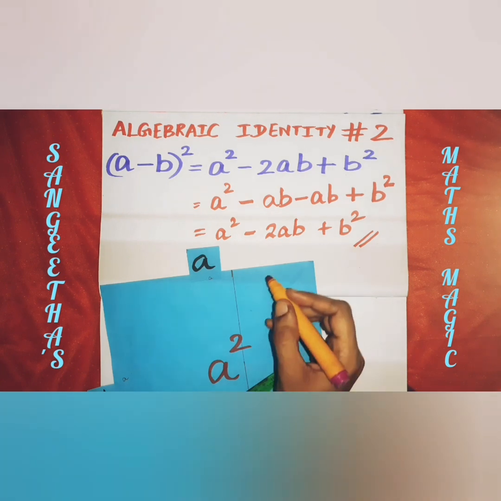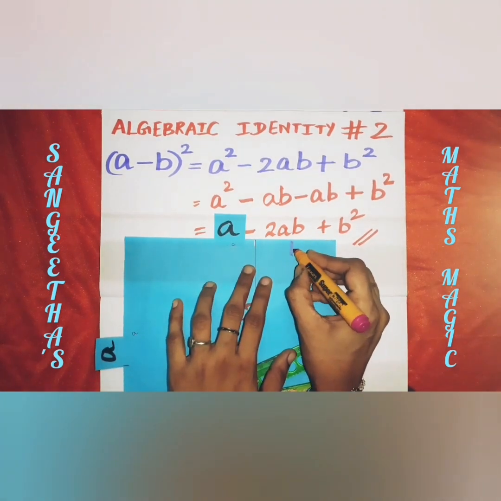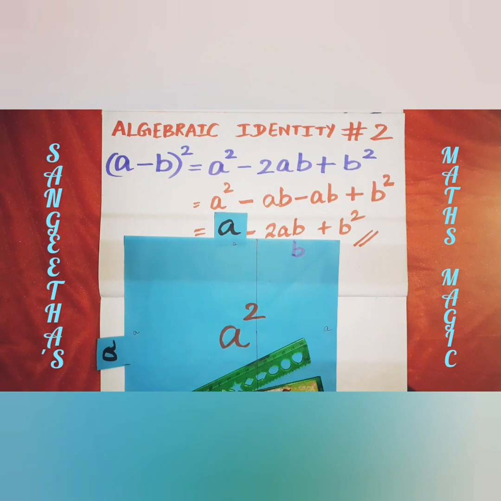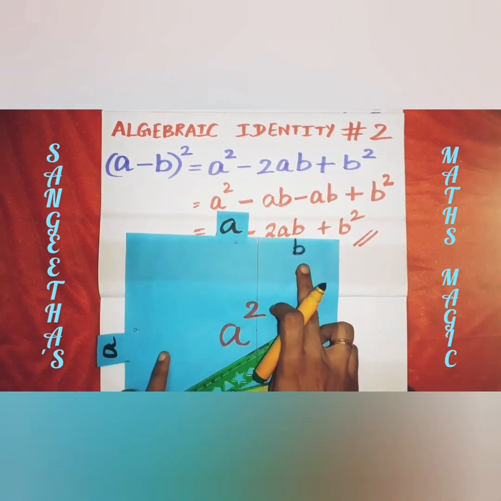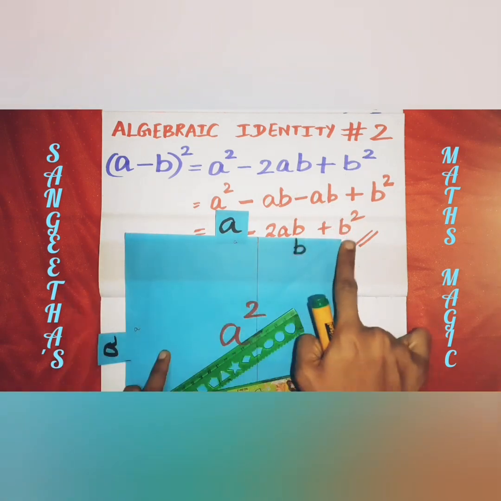So from the total a, I'm just taking b away. I'm going to remove the b measurement.